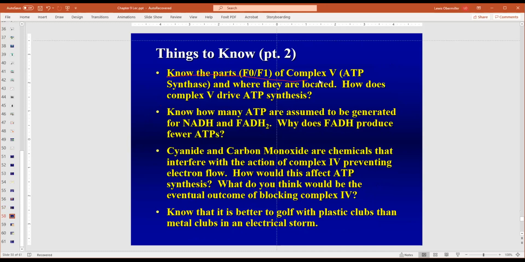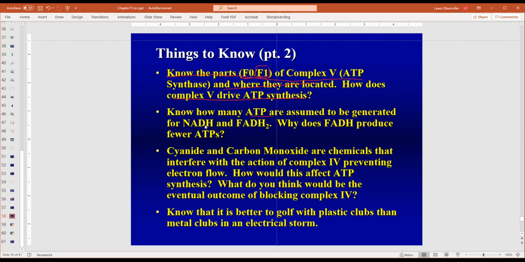Make sure you know the parts of the ATP synthase. So you need to know F0 and F1. Know where they're located. So remember, F0 is in the inner membrane. F1 is in the matrix. And remember, it's the protons, not the electrons. The protons drive this thing to make it spin to produce ATP.